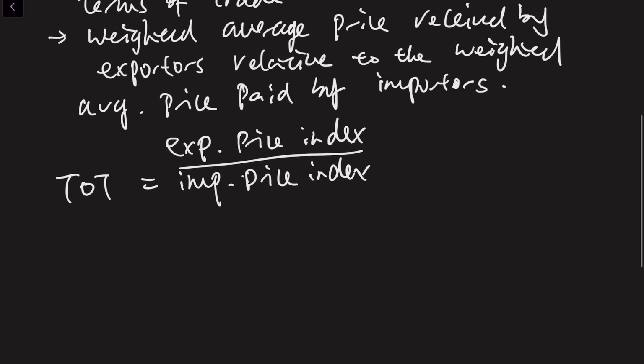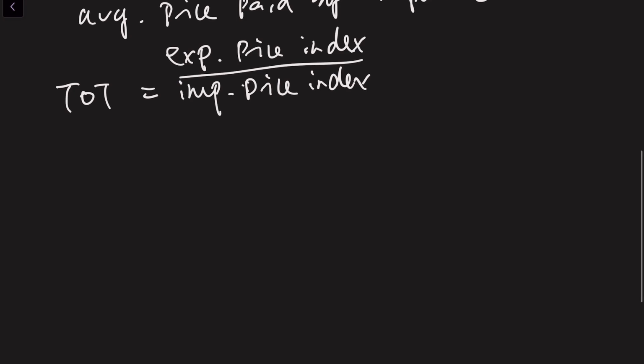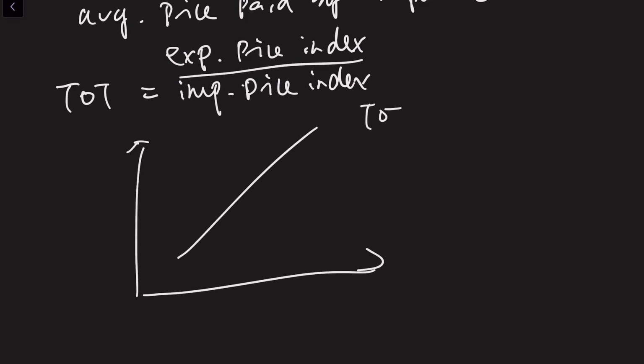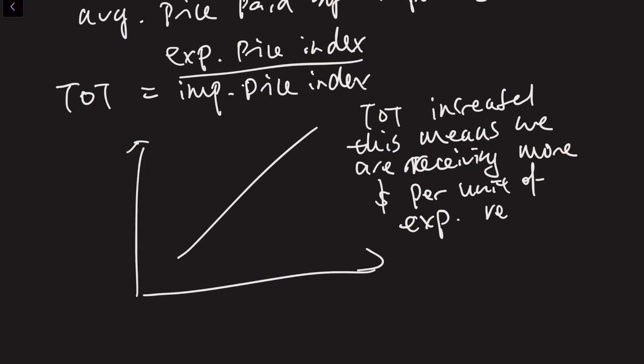The absolute values of terms of trade is not important, but the trend of terms of trade is important. So if the terms of trade increase, then this means we are receiving more money per unit of export relative to import.